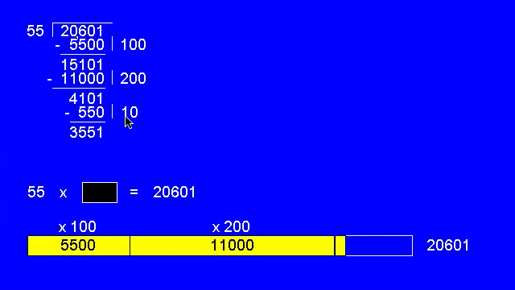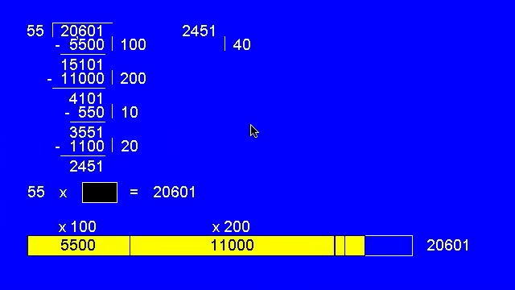And if 10 multiples are 550, then 20 multiples are going to be 1100. Gives us 2451 as remainder. And twice that, or 40 multiples, will give you twice that. So 40 multiples are going to be 2200. And we're going to have 251 left.